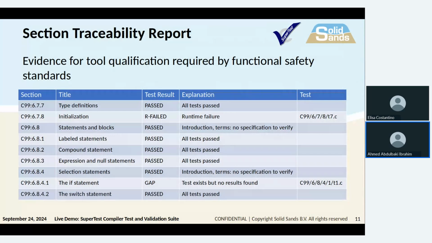So for T7.c that lies here within the suite in folder C99, subfolder 678, it can be directly traced to the C99 standard, subsection 6.7.8. And each section from the standard is marked with passed, failed, or gap, and with corresponding explanations.